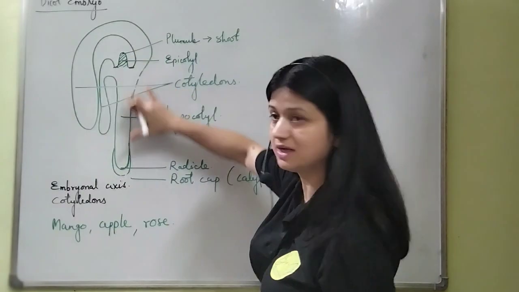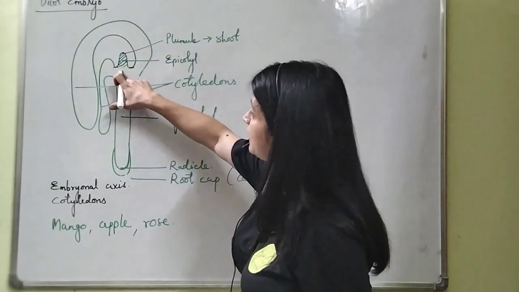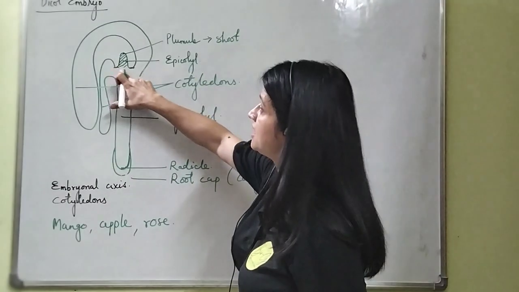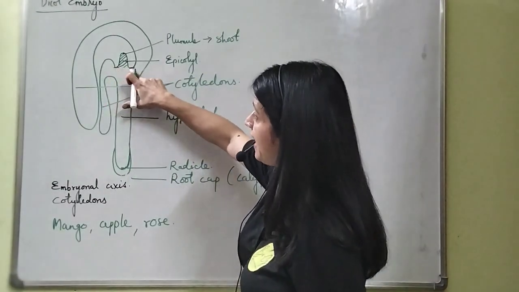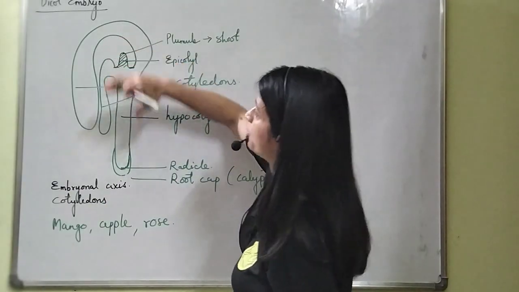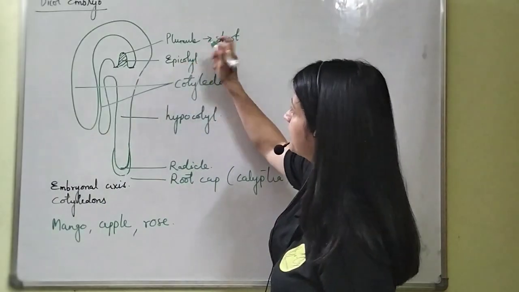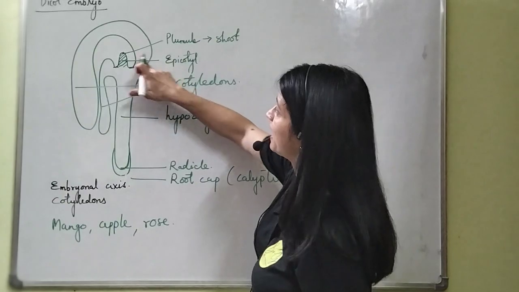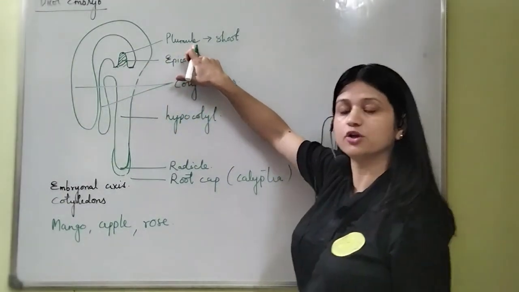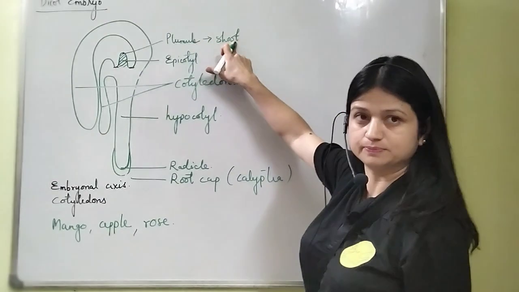So just see here, अगर ये structure draw करने के लिए आता है तो you have to draw first of all the embryonal axis, then you have to draw the two cotyledons. Clear? This is the level of cotyledon. And the portion of the embryonal axis which is above the level of cotyledon, it will be called as epicotyle, and this epicotyle terminates at plumule, and this plumule will later on give rise to the shoot.